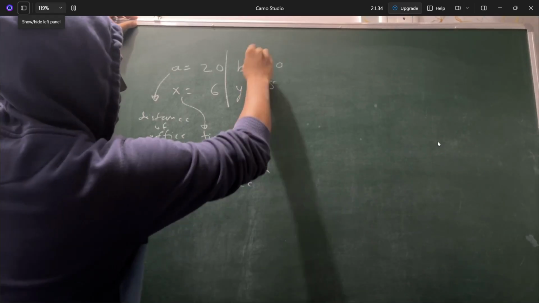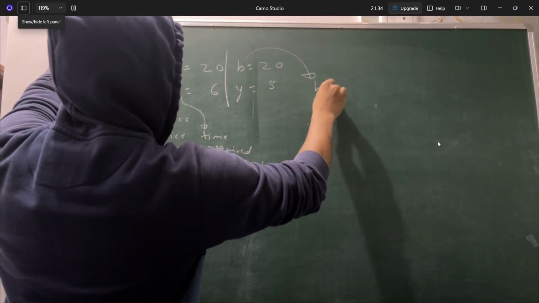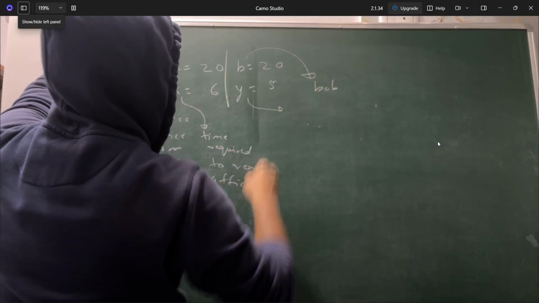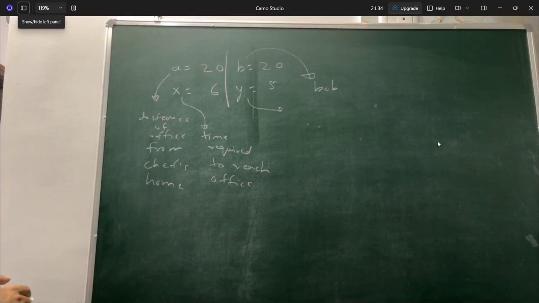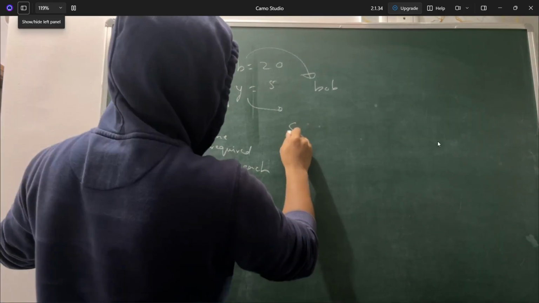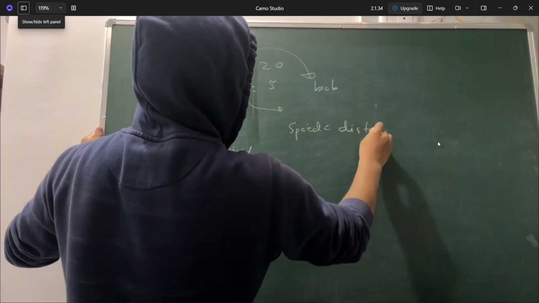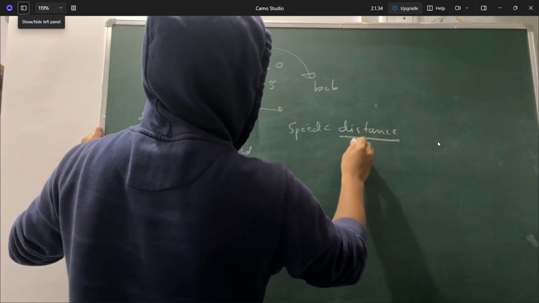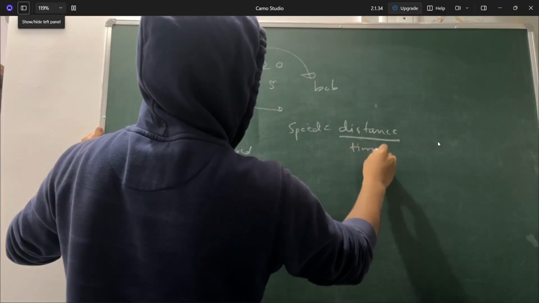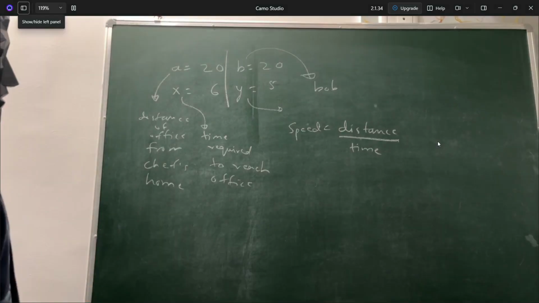In the same way, b is for Bob and y is basically his time. So as we know in physics, speed is basically distance divided by time, right? This is a basic formula.